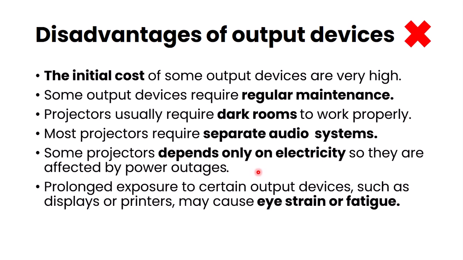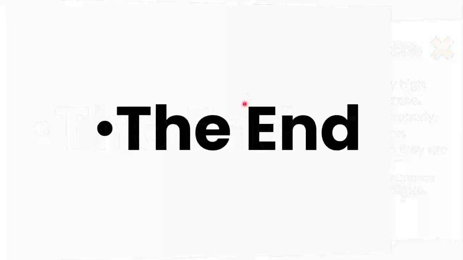And if we are using output devices like the screen, looking at the screen for a very long period of time can cause some health problems like eye strain or fatigue. So these are some of the disadvantages of output devices.